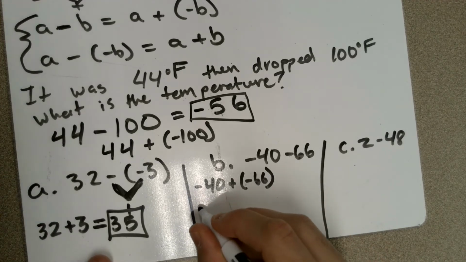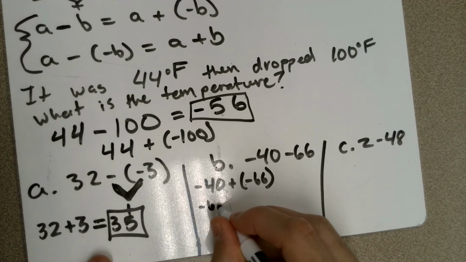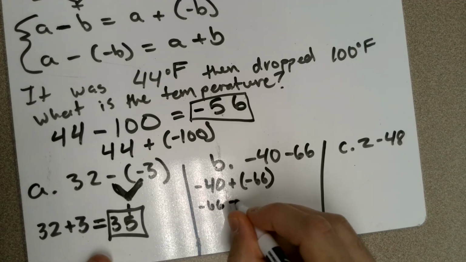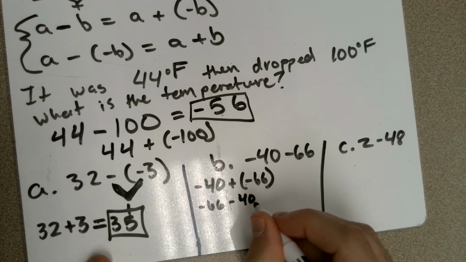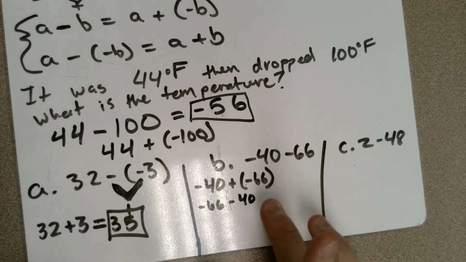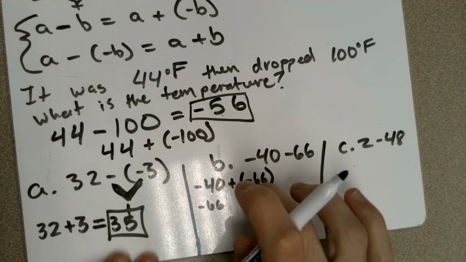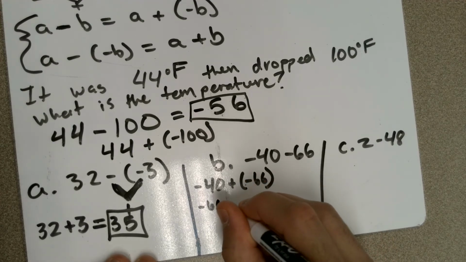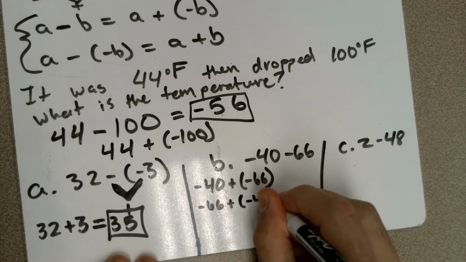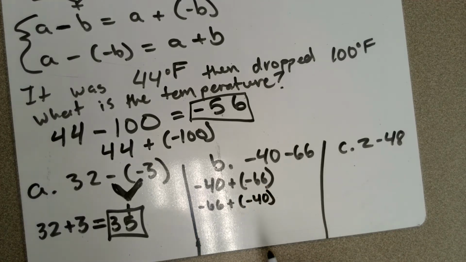If you want to, you can switch these around, and you can do negative 66 minus 40. Oh, just kidding. Negative 66, I meant to say, negative 66 plus negative 40. You could do either of those ways, whatever works best for you. But I know I'm doing a negative and adding more negatives to it.